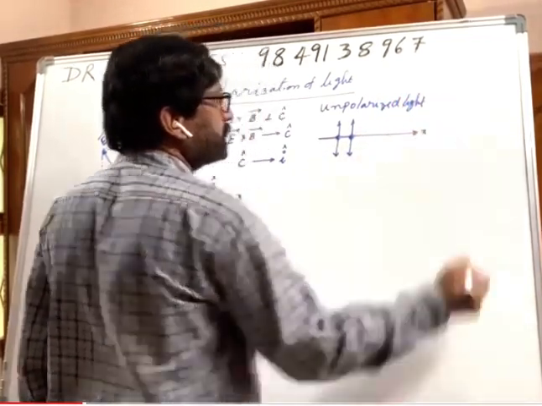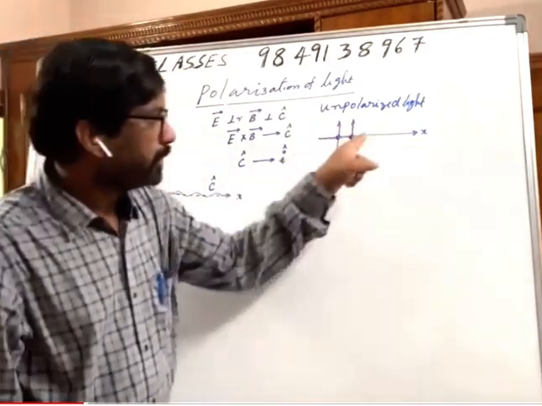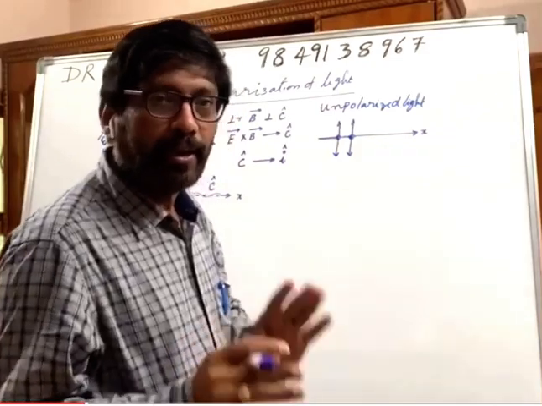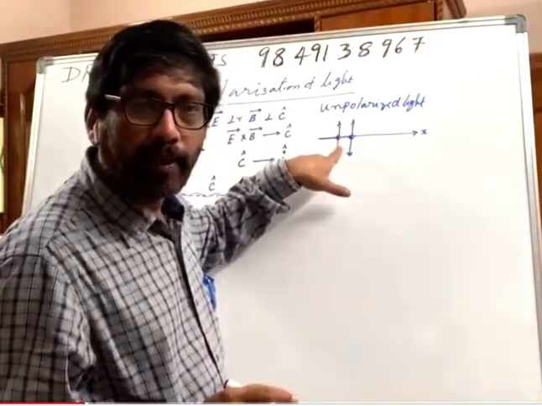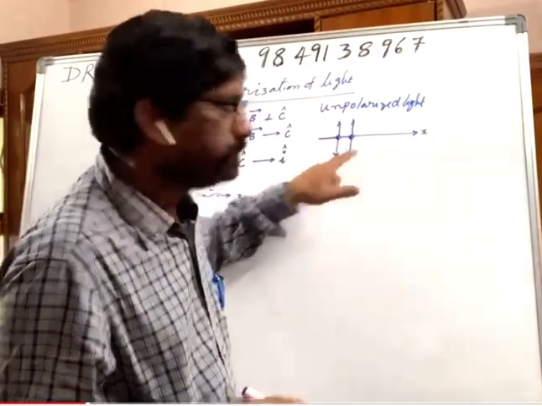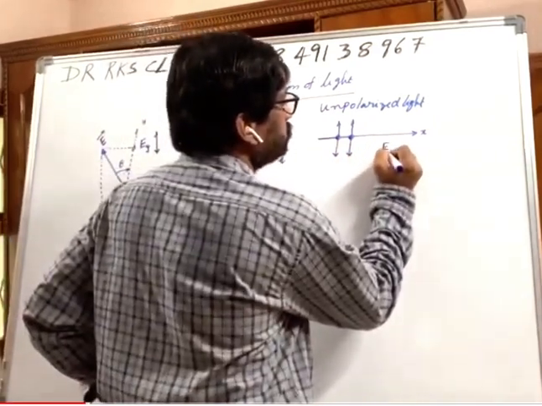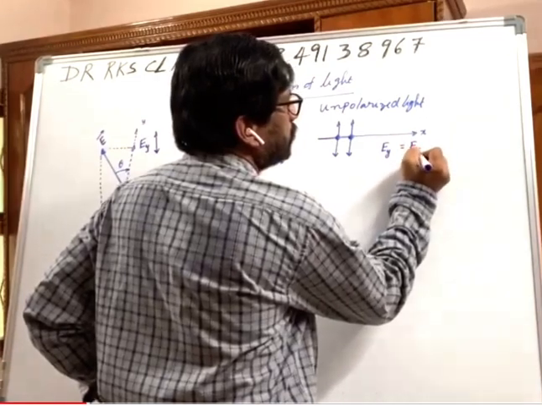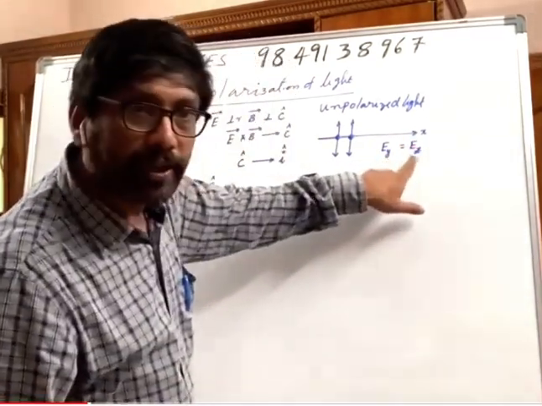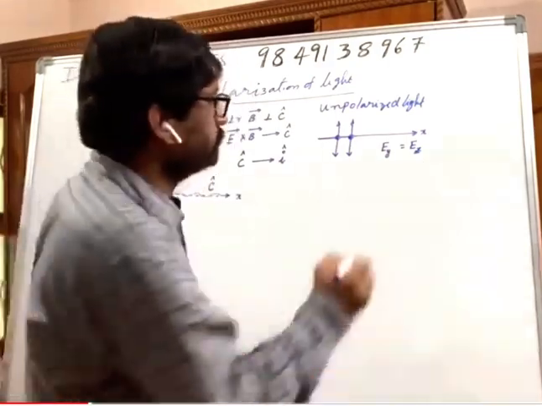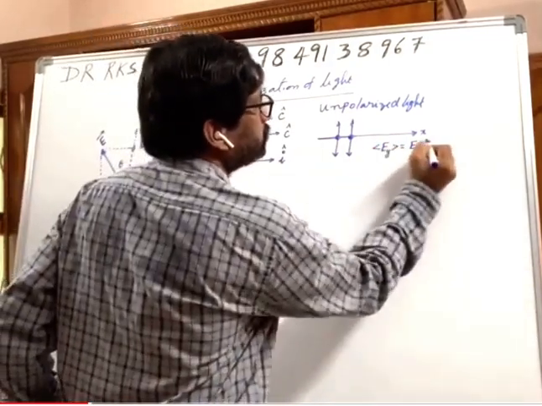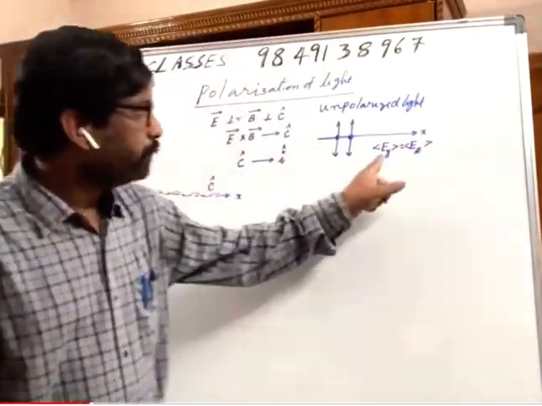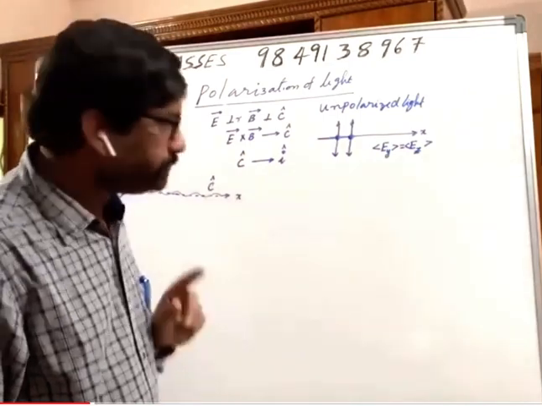So on average, because it varies randomly, if I calculate the magnitude of y component and z component, they are equal. So be careful, I am not equating Ey equal to Ez at one instant of time. On average, because I square and average it, they are equal.